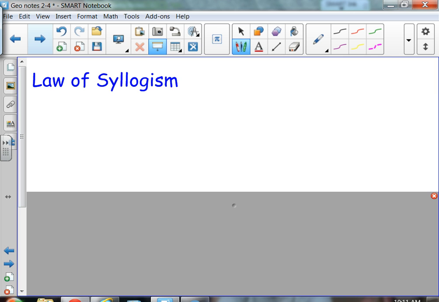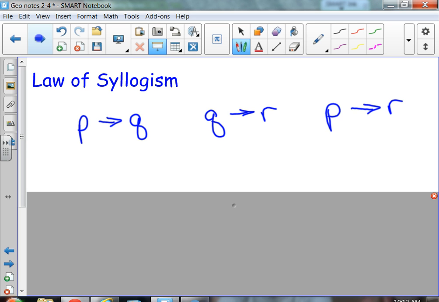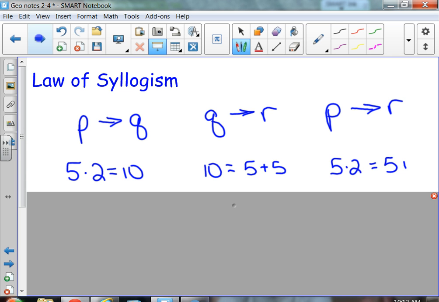All right, now we have the law of syllogism. This says, if P then Q. If that is true, and if Q, then R. If that is true, then we can say that if P, then R. Okay, if I break it up into numbers for you, if 5 times 2 equals 10, and 10 equals 5 plus 5, then 5 times 2 has to equal 5 plus 5.